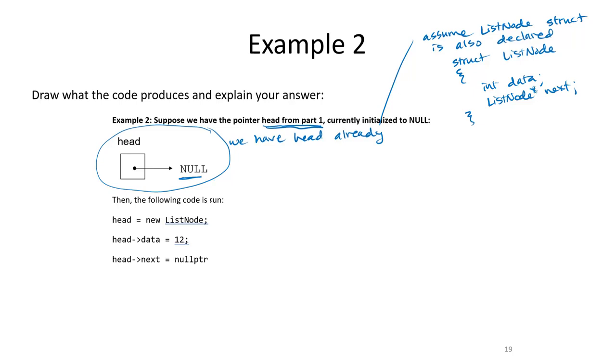Then the following code is run. First, we have head equals new list node. Well, that is going to make our head pointer point to a new list node struct in dynamic memory.